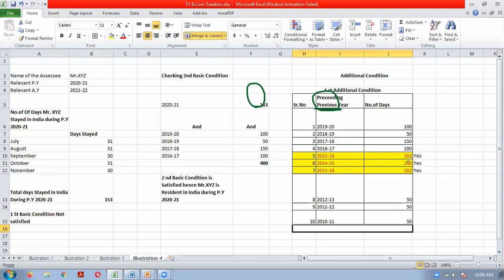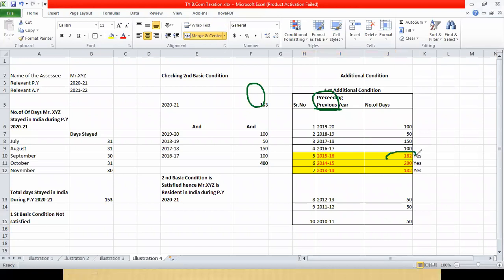He may be resident in other years also, but we don't want to check every year. We want to check only 2 years, and we can easily find that he was resident in 1516, 1415 and 1314. So what we will write: first additional condition is satisfied.